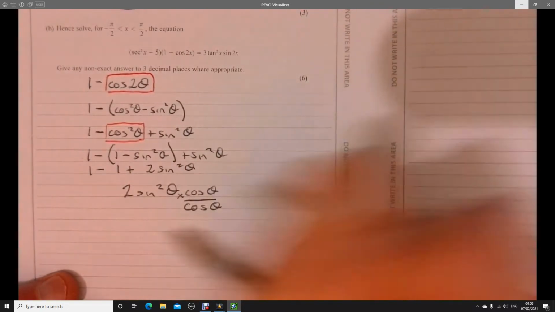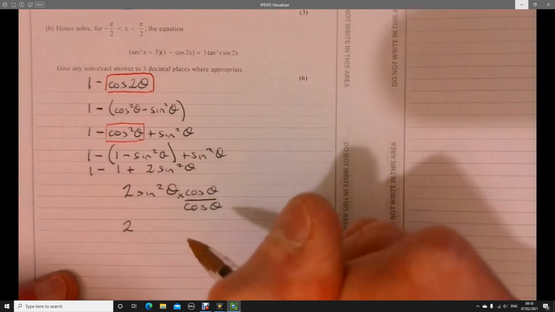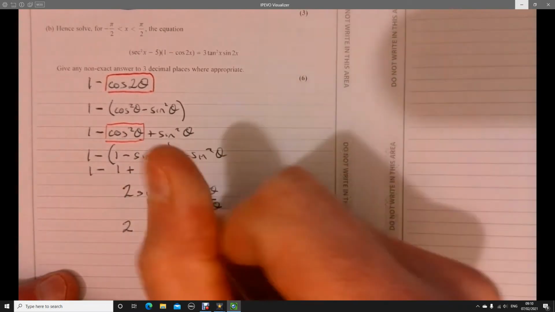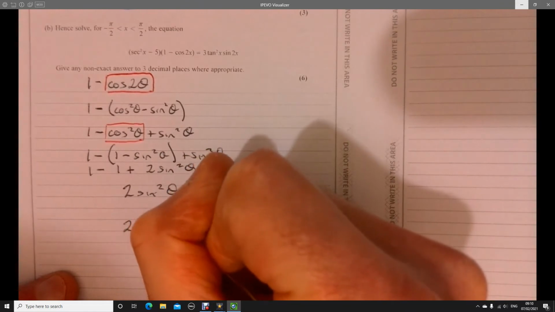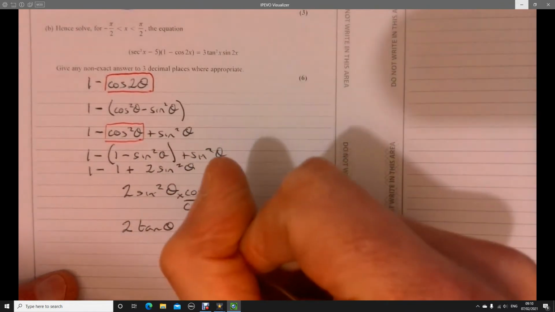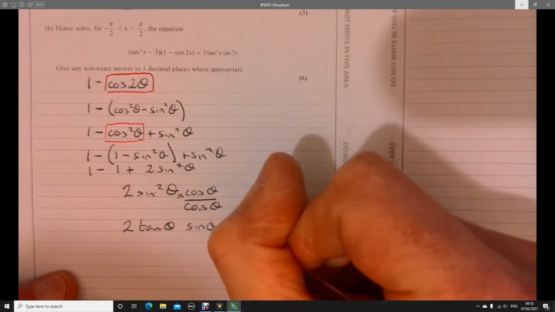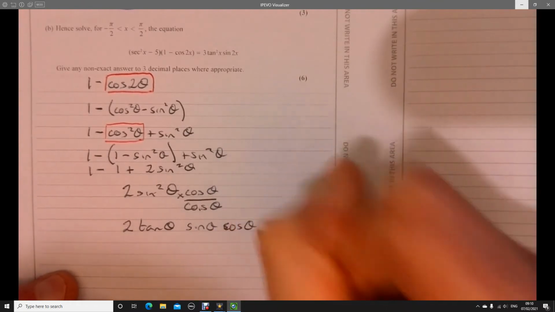So what's that going to give us now? If I just split this up, it's going to give me 2. Now I've got sine over cos, so that's going to give me tan theta. And then I've got sine theta multiplied by cos theta.